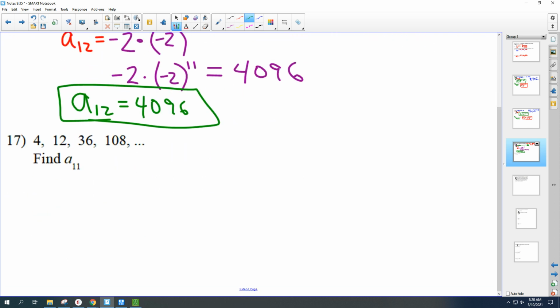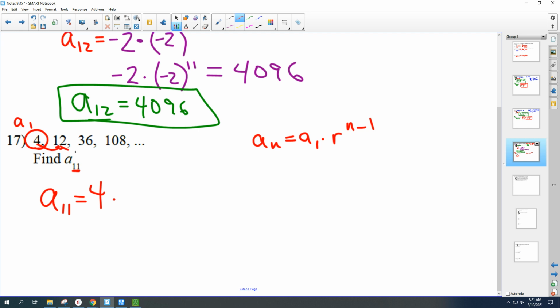Number 17, we want to find the 11th term. So again, remember the nth term formula. And since n is 11, we're finding the 11th term, but we're actually going to use the exponent of 10. So we need the first term, that's 4, times the r value.